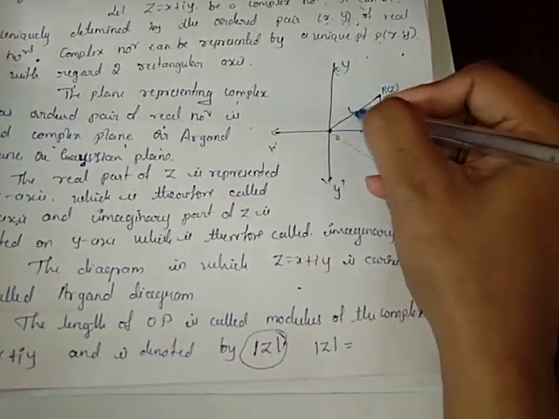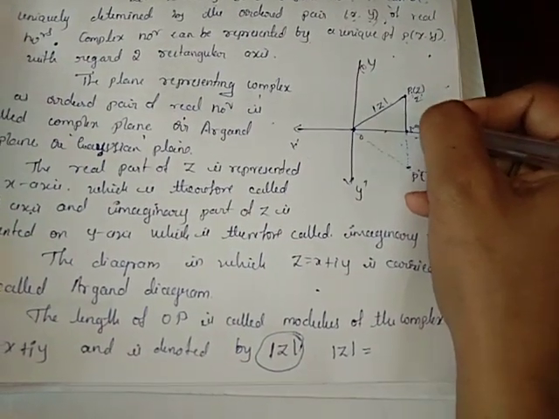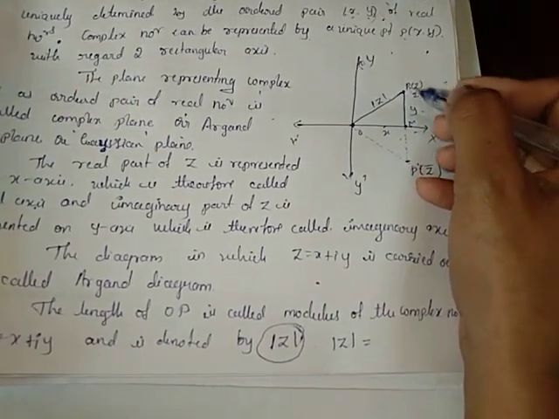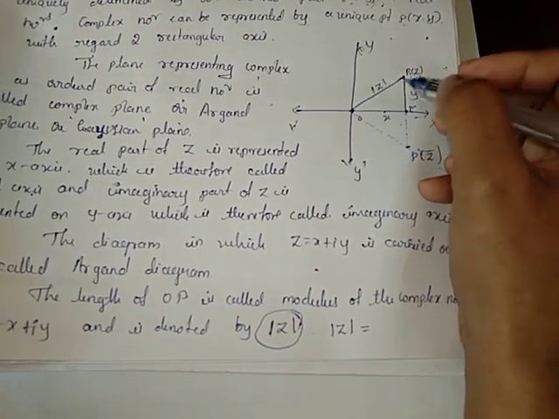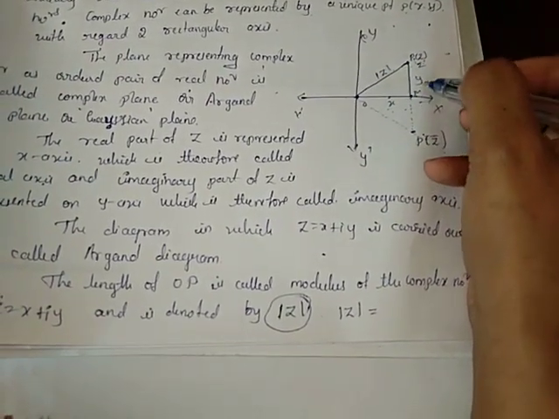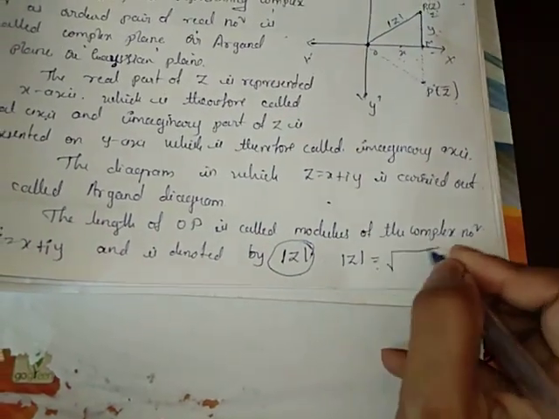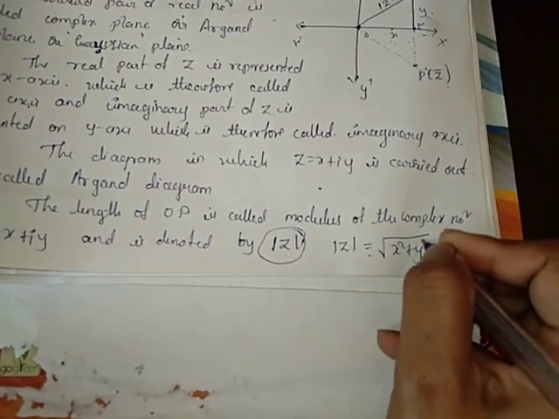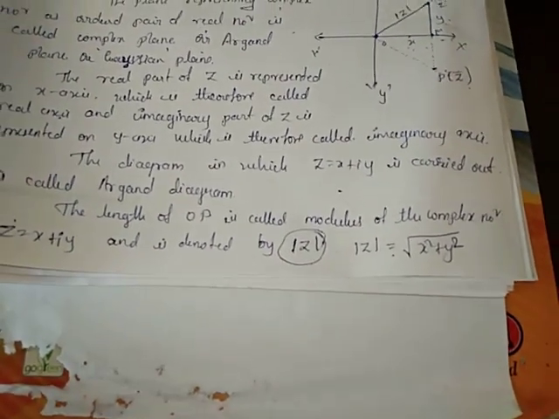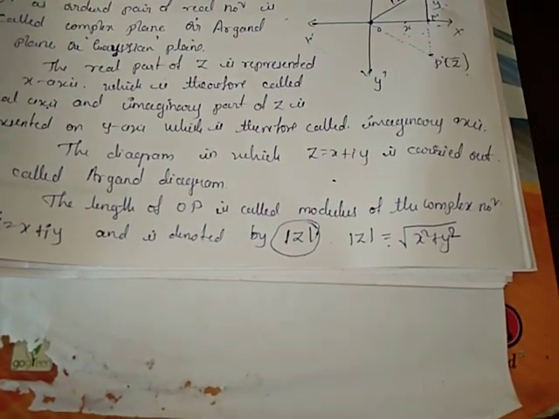The length OP is represented by mod z. We know that if you consider M, OM equal to x, PM equal to y, by the Pythagoras theorem, r square equal to x square plus y square, so r equal to the square root of x square plus y square. Therefore, applying the same rule here, mod z equal to the square root of x square plus y square.